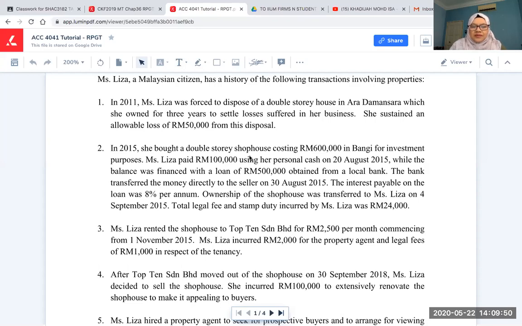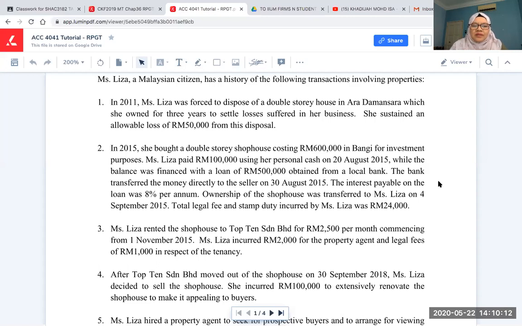In 2015, years later, she bought a double-story shop house costing 600,000 in Bangi for investment purpose. Miss Liza paid 100,000 using her personal cash on 20 August 2015, while the balance was financed with a loan of 500,000 obtained from a local bank.